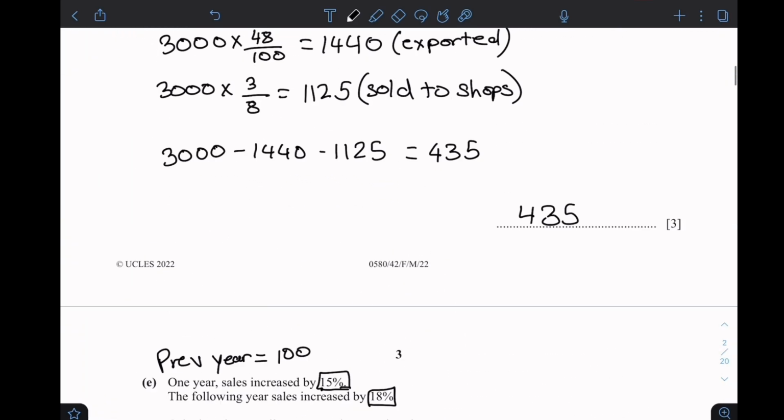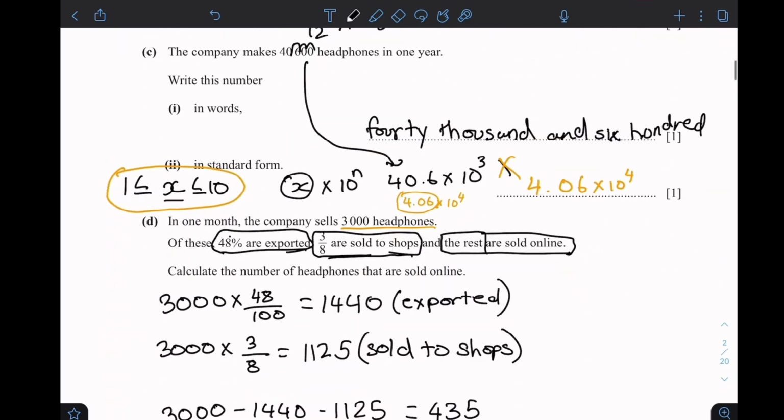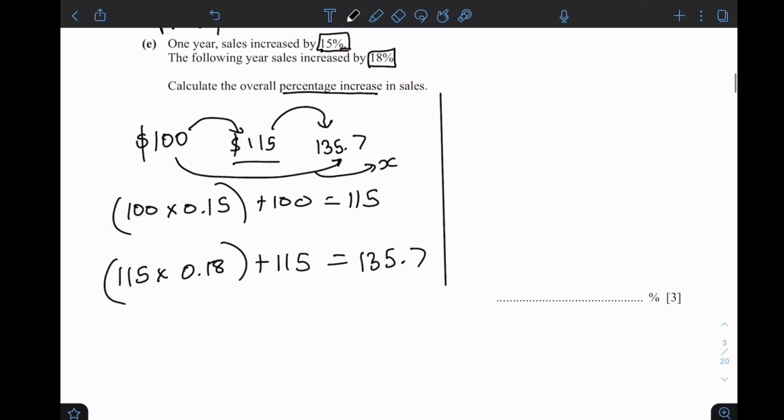As I told you in the first question, it's final minus initial, divided by initial, multiplied by 100. You do the same here: 135.7 minus 100, divided by 100, times 100. So it's going to be 35.7%.